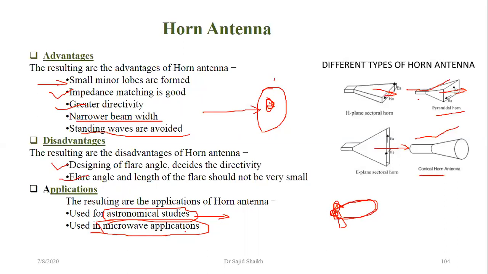I already discussed this. Microwave applications are, for example, the microwave oven, or some medical applications. In those applications, such horn antennas are used. Okay, so all these things are about the horn antenna.